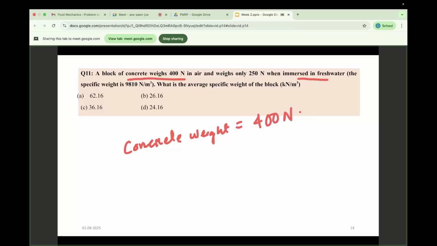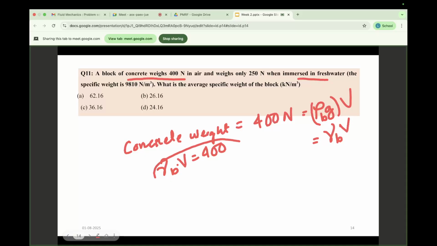We know the formula is specific weight into volume, right? That means rho g into volume, for the body, that means this concrete. Let us represent the combination of these two terms as gamma B. So gamma B into V equal to 400. It is given. This is the first one.